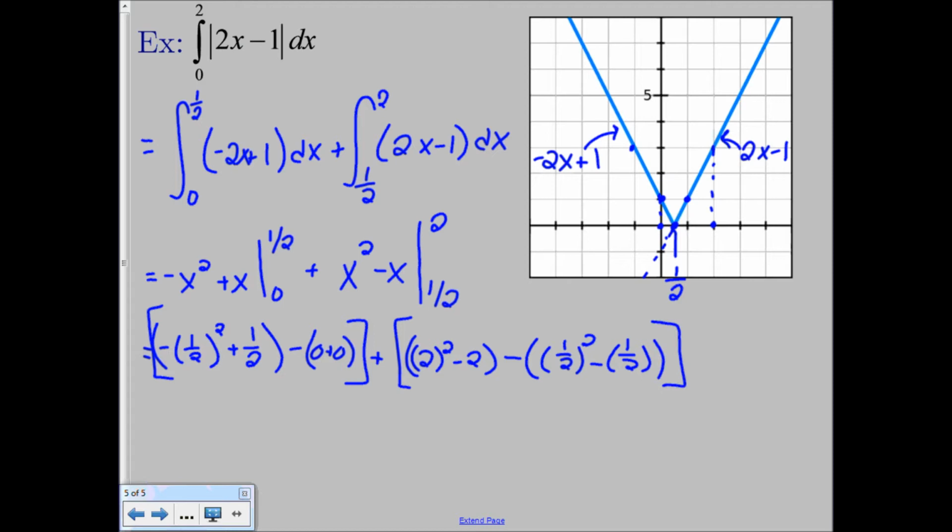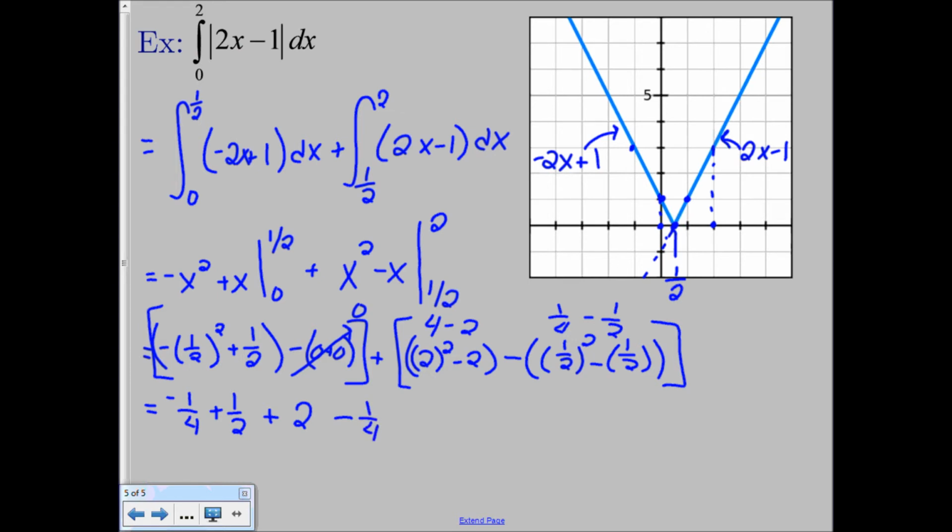And now we're just going to simplify. Okay, so 1/2 squared is 1/4, so we're going to get negative 1/4 plus 1/2. This here is all 0, so we don't even need to write that. So then we're going to do plus 4 minus 2, so we're going to get 2. Minus, this is 1/4 minus 1/2, so we're going to get minus 1/4.